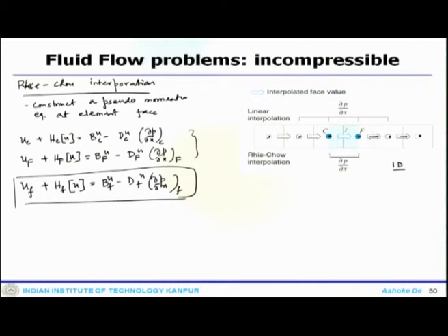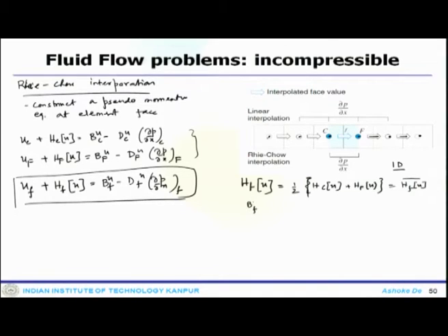You use a linear interpolation profile, and there you get H_F^U equals half of H_C^U plus H_F^U, which is H_F^U bar.